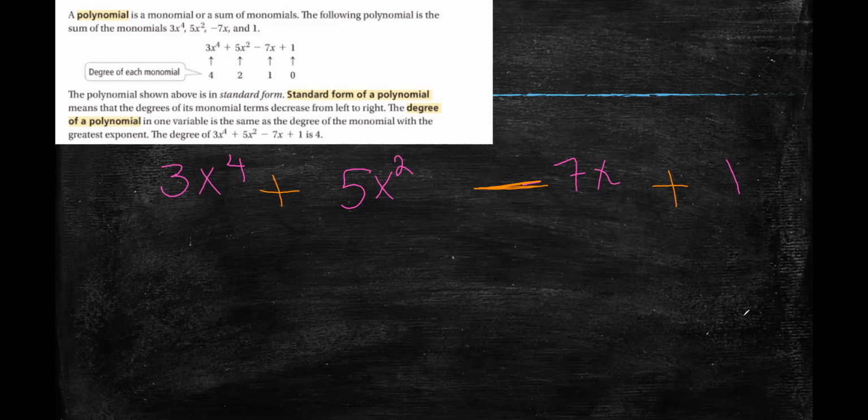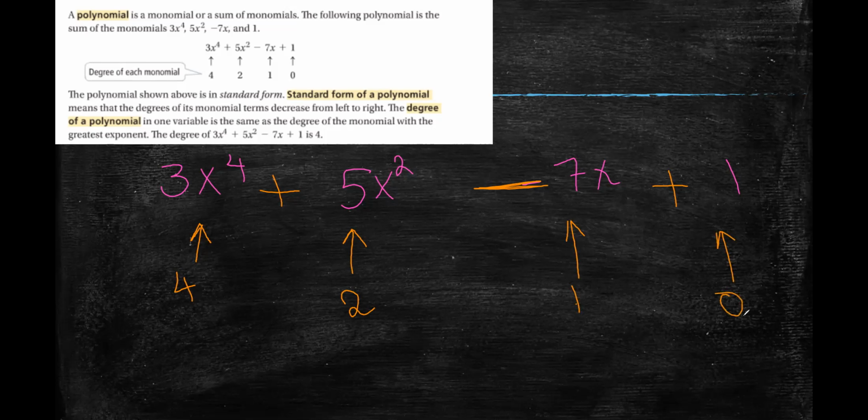Now, what is the degree of each monomial? Look at the first one. What is the degree of the first monomial? 4. Thank you. The second one is 2. Here 1. Here 0. And the constant is 0. Thank you.